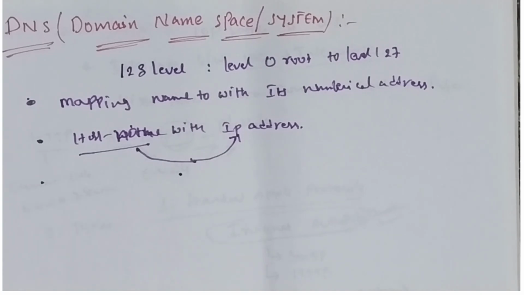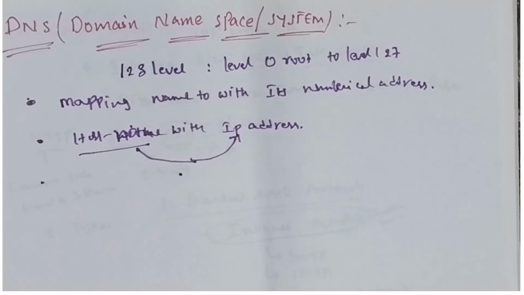DNS is a service that translates a domain name into an IP address. This is the exact definition. DNS takes the domain name and converts it into an IP address.